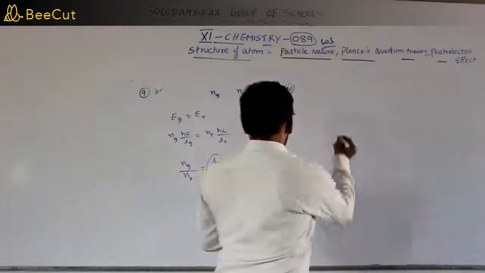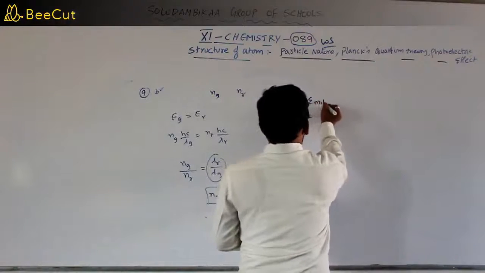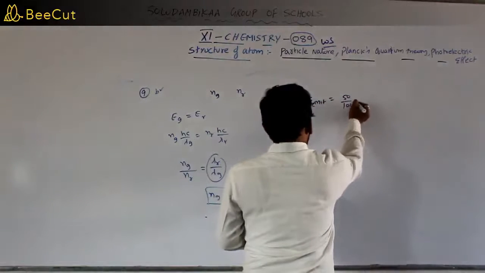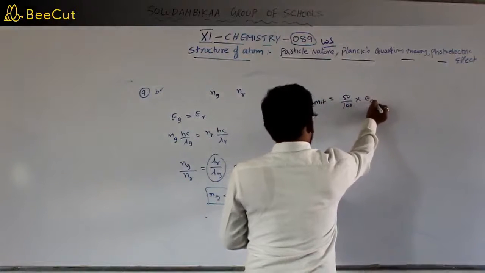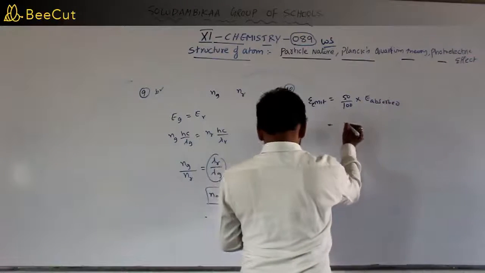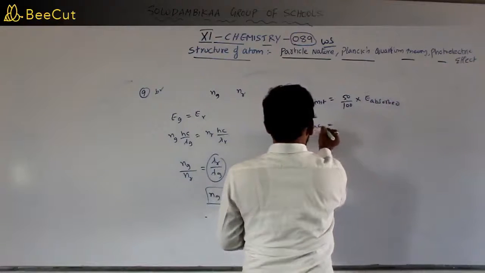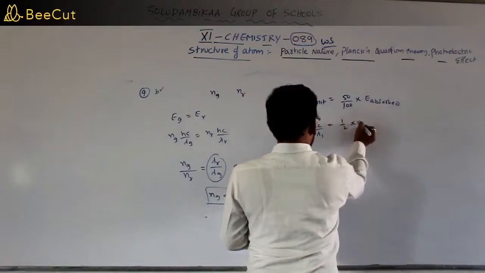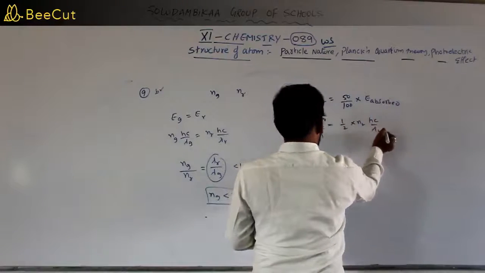Now here the energy of emitted radiation is equal to 50 by 100 into the energy absorbed. And then N1 hc by lambda 1 is equal to 1 by 2 into N2 hc by lambda 2.